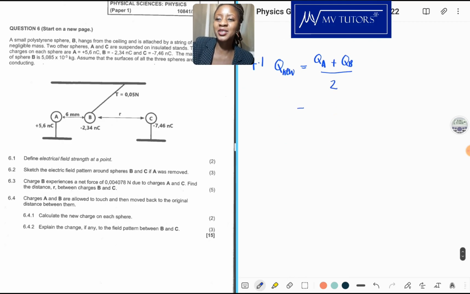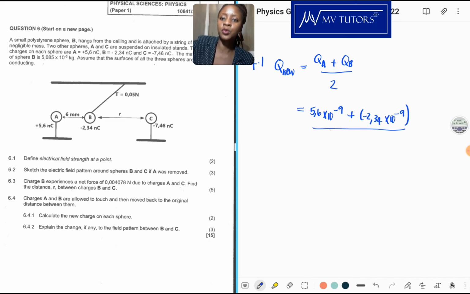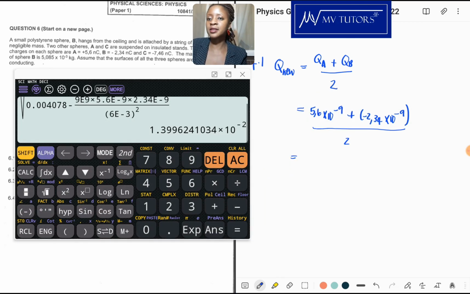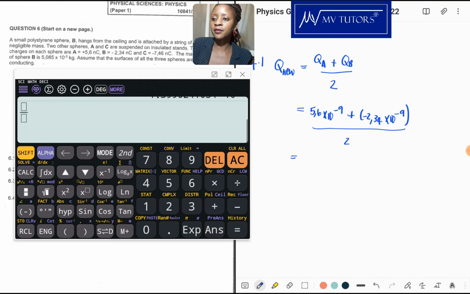So what is the charge of A? Now this is where you have to put in the sign, okay? This is not a time to be modest. So we have negative 2,34 times 10 to the negative 9, and that is all over 2. Actually, it was not necessary for me to add the times 10 to the negative 9, but it's fine.